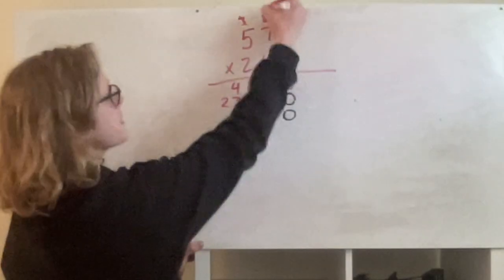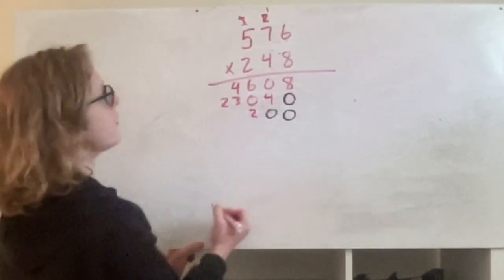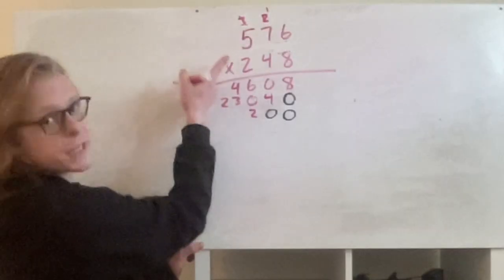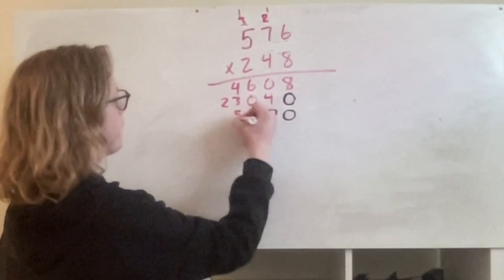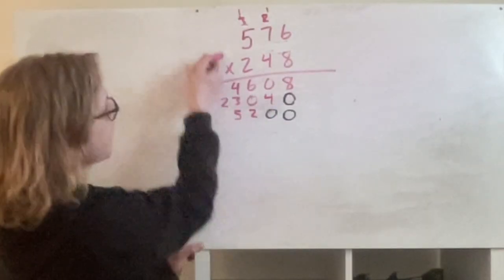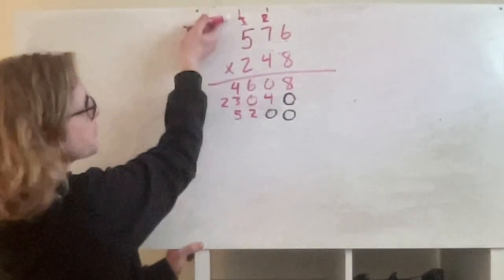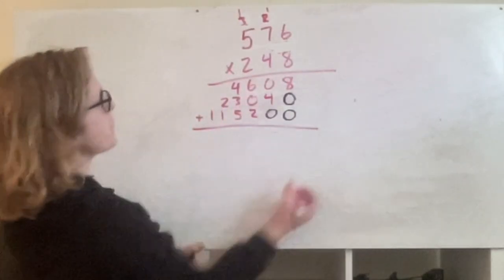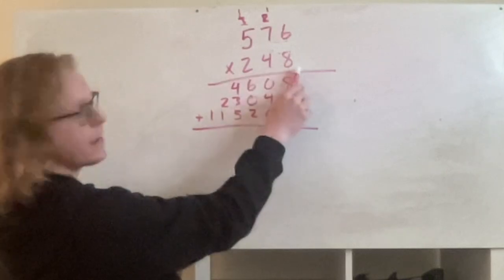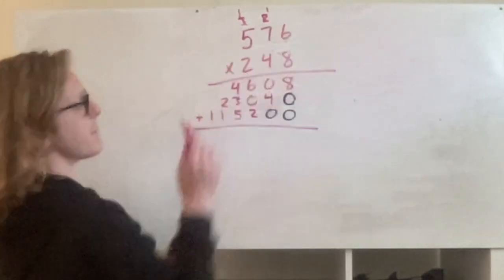2 times 6 is 12. 2 times 7 is 14. Plus 1 is 15. And then finally, 2 times 5 is 10. Plus 1 more gives me 11. Okay? We now took each digit of 248 and multiplied it by 576.